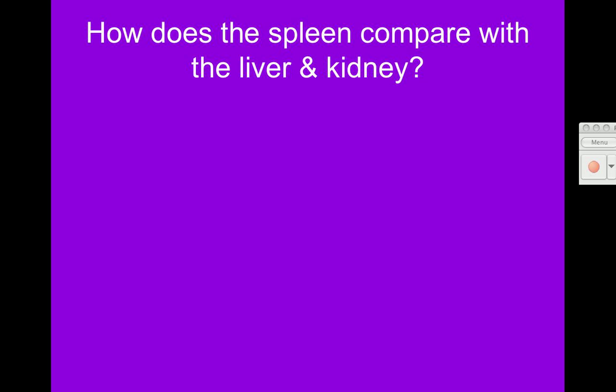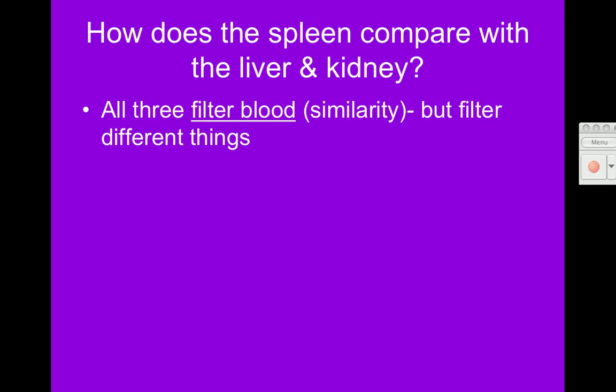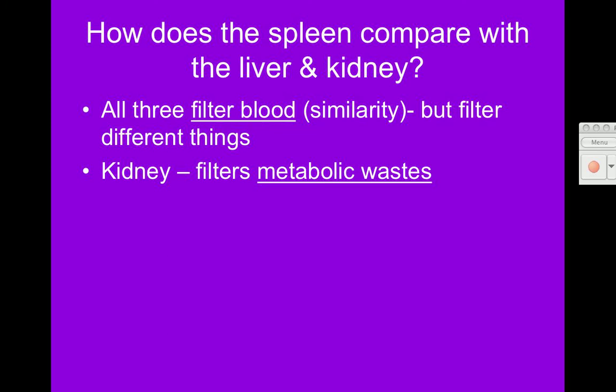So the spleen actually has a very similar function in some ways to the liver and kidney. And so sometimes people don't understand, well, why do we need the spleen if we've got the liver and the kidney? Well, all 3 of these organs filter the blood, so that's their similarity. But what they filter out of the blood is very different. The kidney filters metabolic waste, so waste that our cells produce gets filtered out at the kidney.